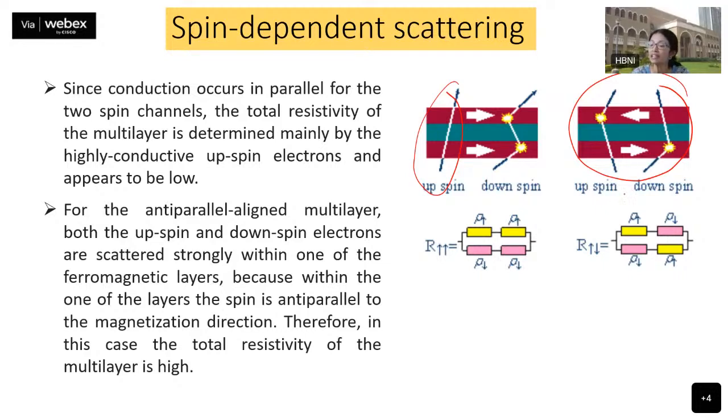So in this particular case the resistance is high, and in the other case the resistance is low. As you can see, because of this arrangement, the resistance changes. It is because of how the movement of the upspin and downspin electrons is affected by the magnetic field that your change in resistance is determined.